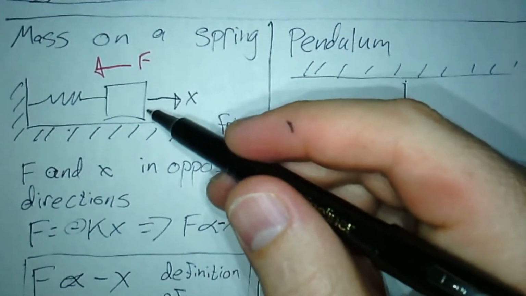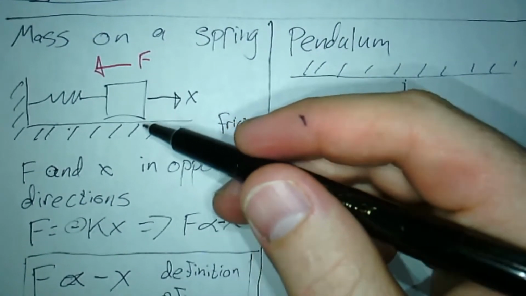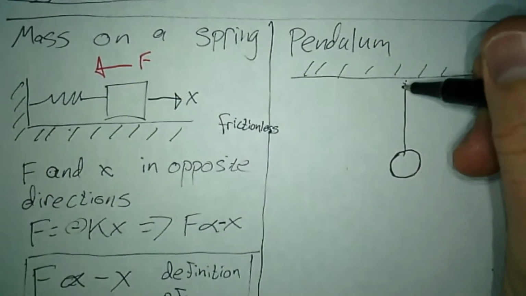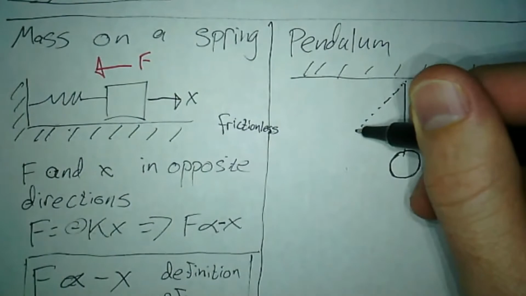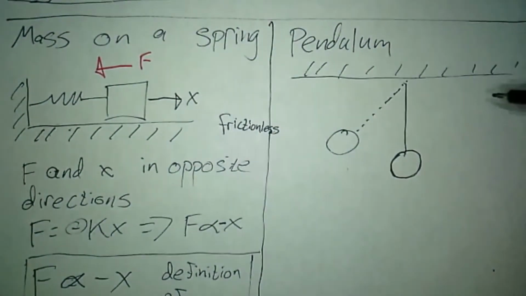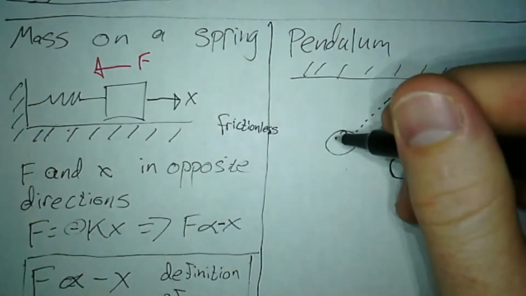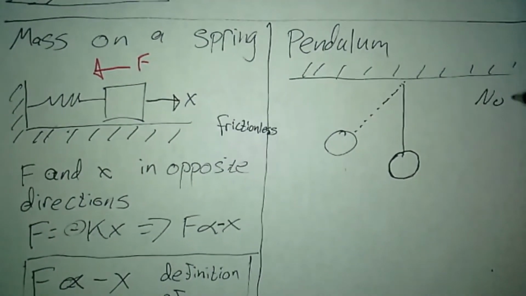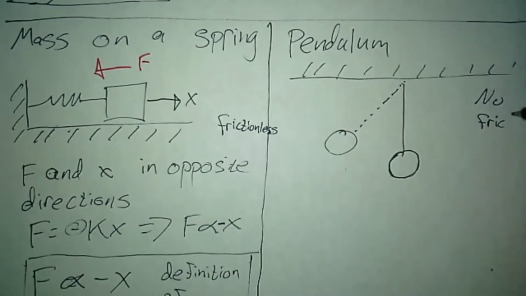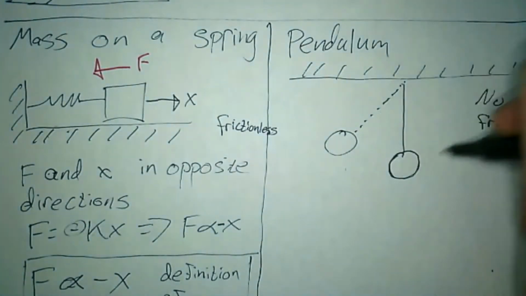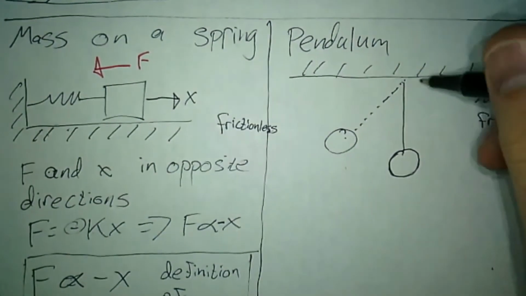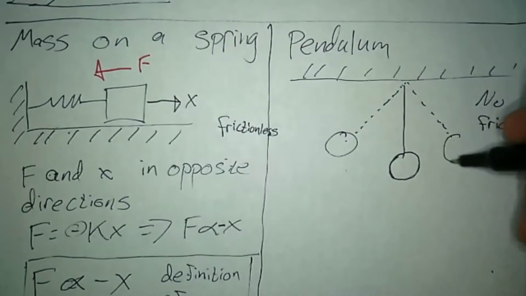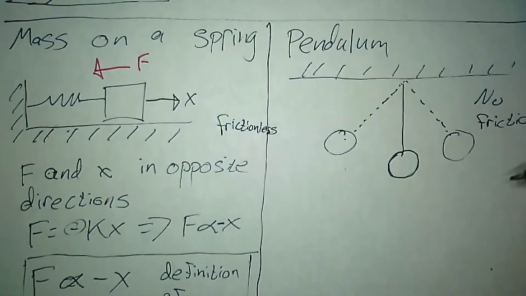And with the mass over here, the natural length when you're not pulling it is the equilibrium position. So if I pull this guy to here and let it swing, it's just going to swing back and forth. And once again, assuming no friction, it is going to swing back and forth forever between those same two points. So from here to here, right? And back and forth.